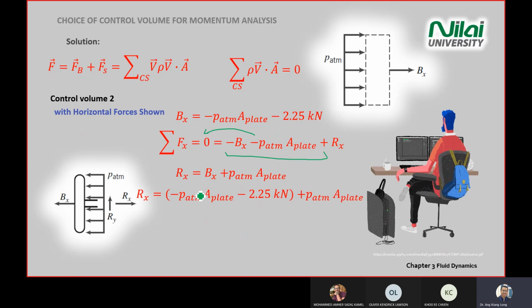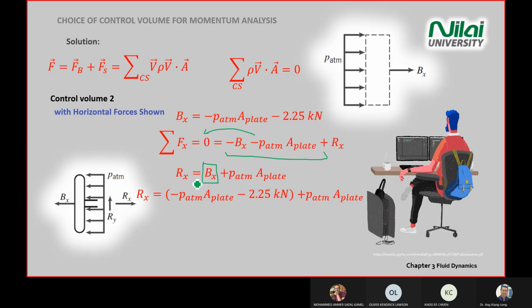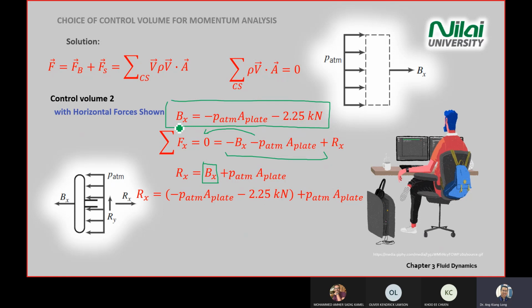The rest is just substitution. So you substitute back what your Bx is just now. Bx equals negative pressure area minus 2.25, plus atmospheric pressure times plate area. After you look at the equation, you can cancel the pressure area term. You will still get the same answer, negative 2.25 kilonewton.